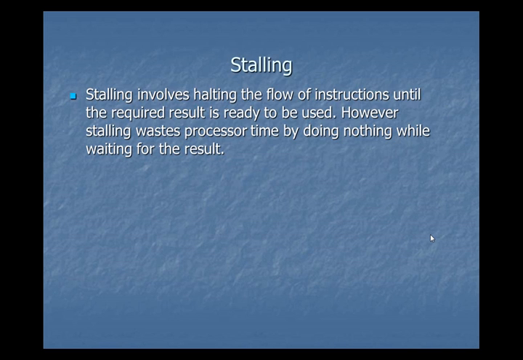Why does it waste processor time? Because it holds or stops the different flows of instructions. So the instructions will not be carried out and they will stop for a moment until the result is ready to be used. For example, the result of the instruction will not arrive on time, so the next instruction will wait for a long time.